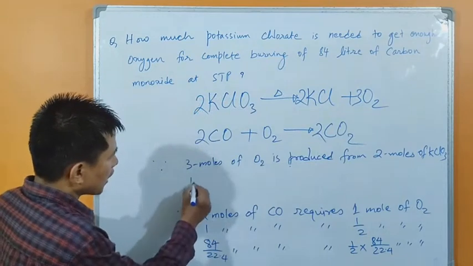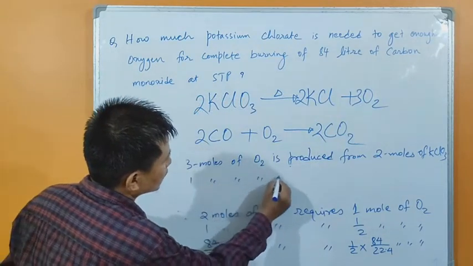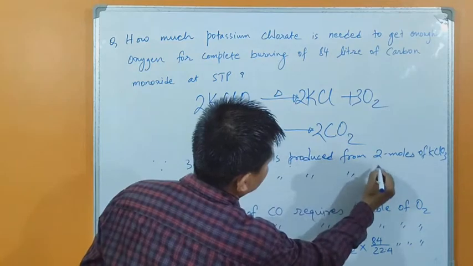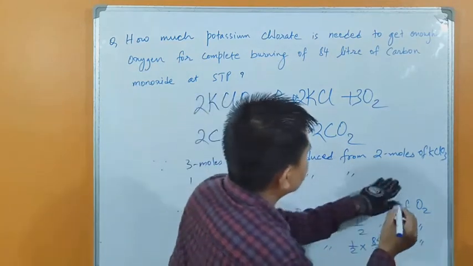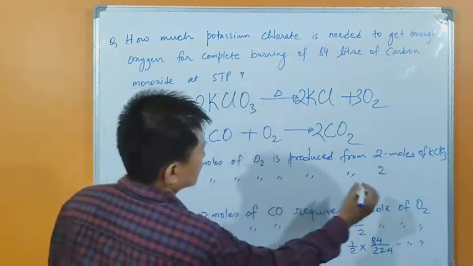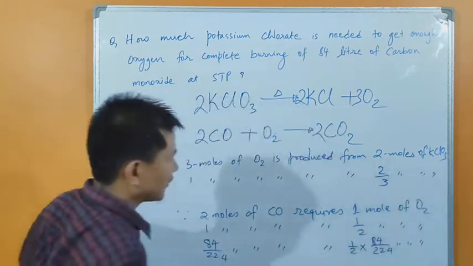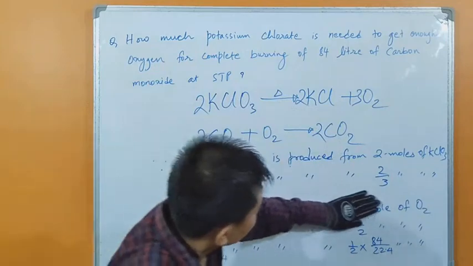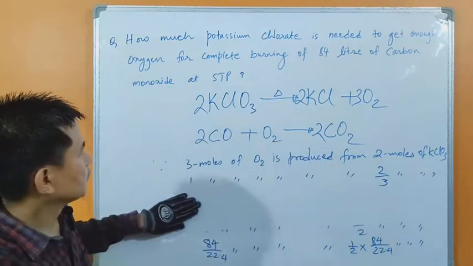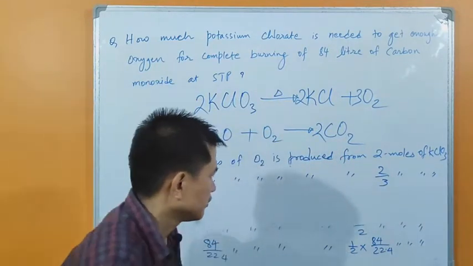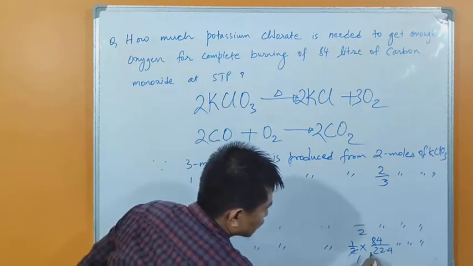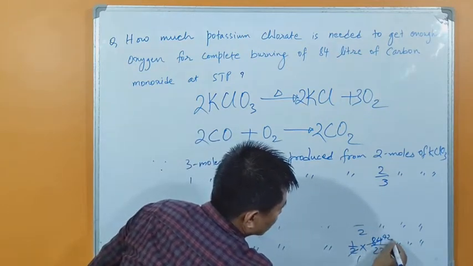So 1 mole of O2 is produced from 2 by 3 moles of KClO3: this 2 remains here, and this 3 comes in the denominator, unitary method. Okay, you got this? Now we have how many moles of oxygen? Let's cancel this out. 2 1s are 2, 2 4s are 8, 2 2s are 4.